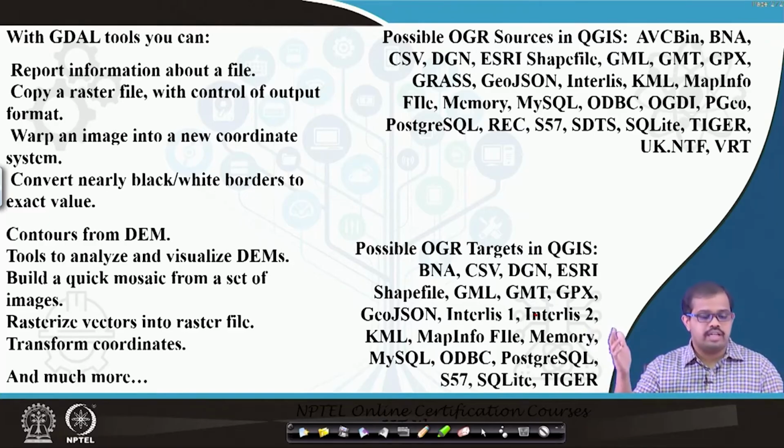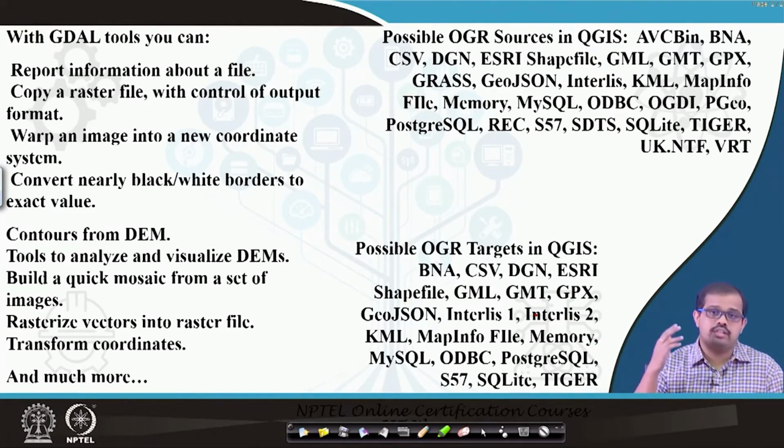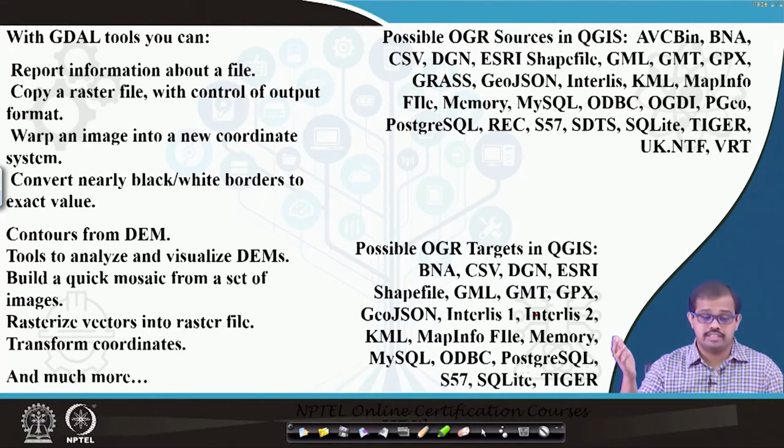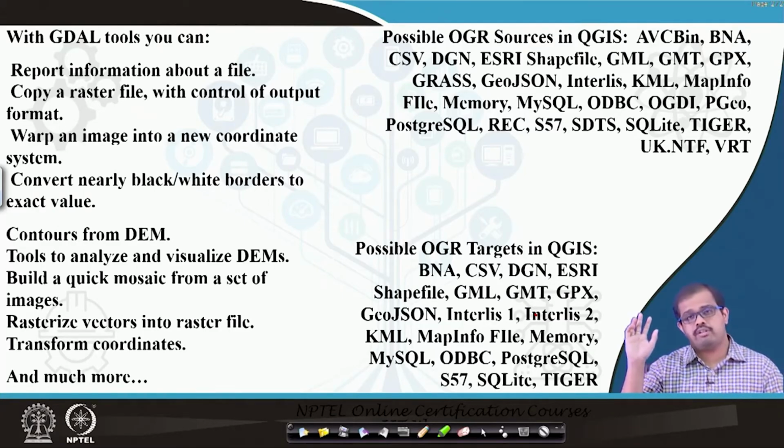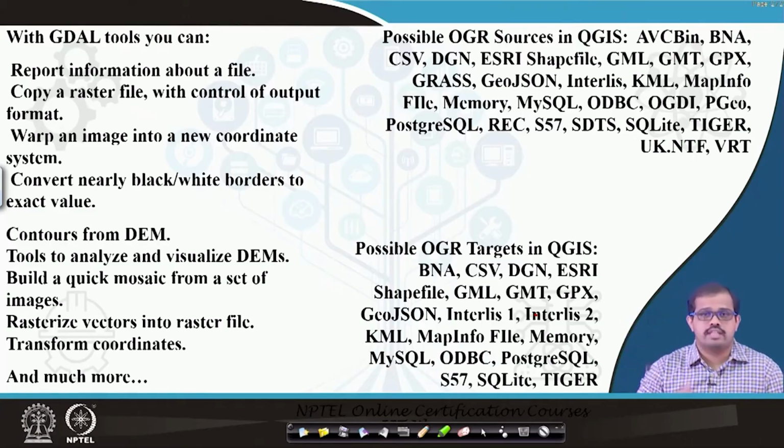It can also convert nearly black or white borders to exact values, derive contours from DEM, provide tools to analyze and visualize DEMs, build a quick mosaic, rasterize vectors into a raster file, and transform coordinates. Anything that you ask for as far as the raster data model is concerned can be done by GDAL.